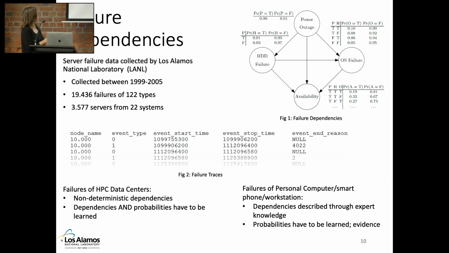The 0 means the node doesn't work, and 1 means it works again, and you have the timestamps. If you analyze the timestamps, you can see that the stop time of a certain event is the start time of another event. This is how we connect failures in space and time and can analyze the dependencies.